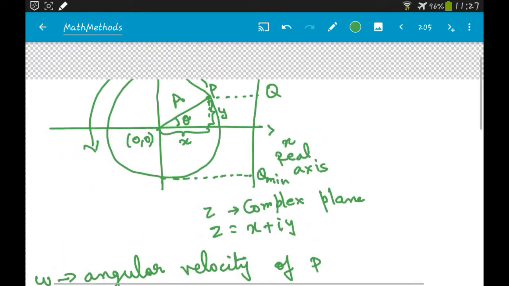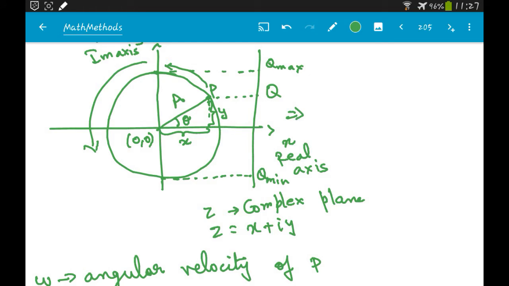This diagram can also be correlated to a diagram in terms of y and t. How will that be? Basically y is nothing but A sin omega t, so all you have to plot is the sin omega t.